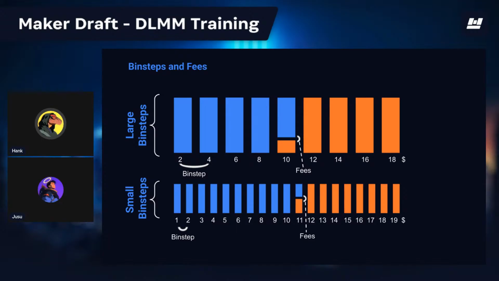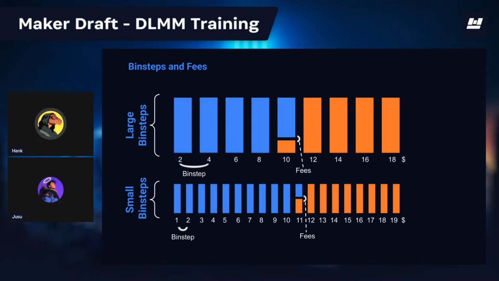This is how it looks. You will see these are the bin steps, one to the next. These are the small ones. If you have small bin steps, you have many, many little liquidity bins on the same price range, whereas with larger bin steps, you have way fewer bins covering a certain price range.